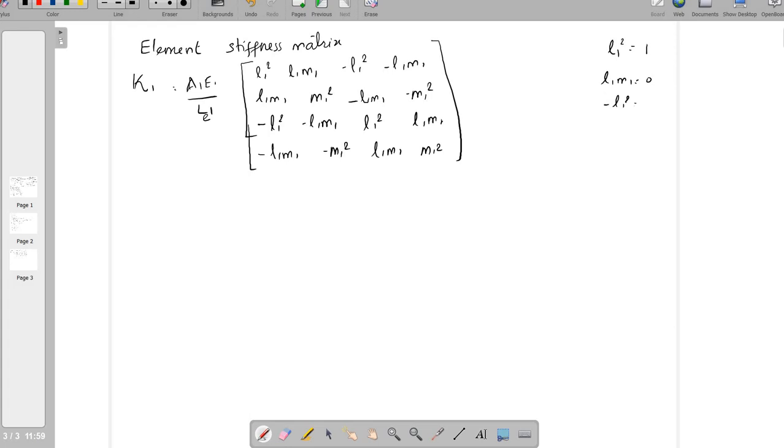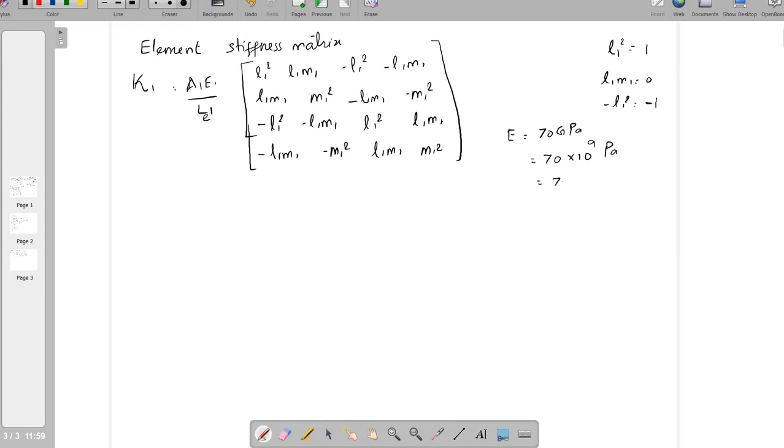Minus L1 square is minus 1, because L1 square is plus 1, but we have to put minus of L1 square, so it is minus 1. Also, the Young's modulus is given as 70 gigapascal. Instead of gigapascal we can put 10 power 9 Pascal.